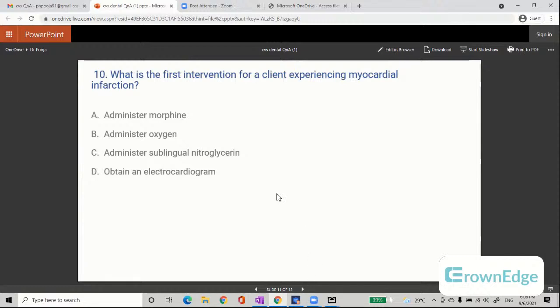All these things should be done in myocardial infarction. You should give morphine, oxygen, then sublingual nitroglycerin, and also confirm it by doing an ECG, that is, an electrocardiogram. But can you tell me in what stepwise manner all these things should be given?